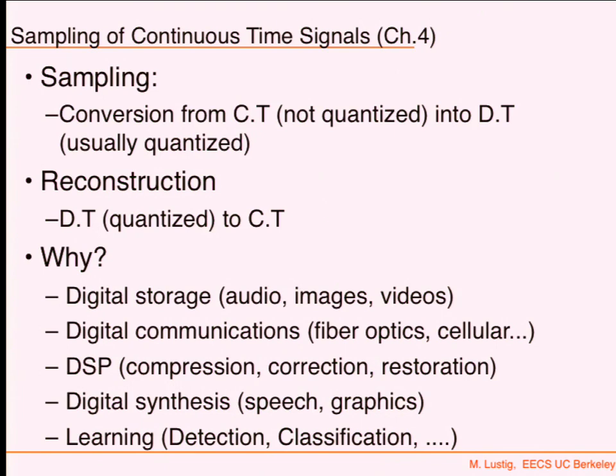Then there's the counterpart to sampling, which is reconstruction, in which you take discrete time signals, which are quantized, and make continuous time signals, which are not quantized. Give me an example of reconstruction.